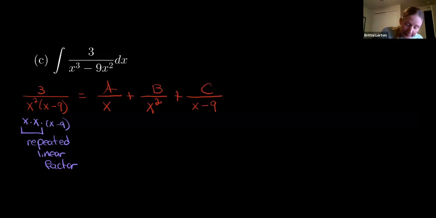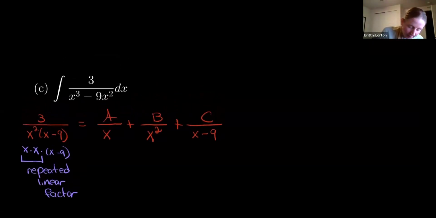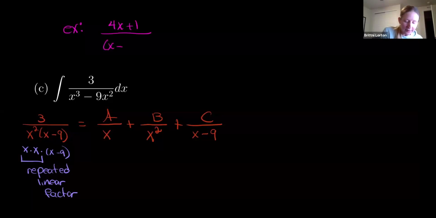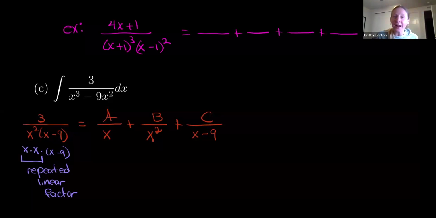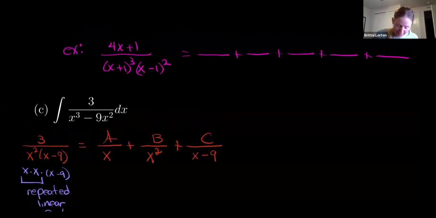Let me give you a quick example up above. So definitely maybe make a little note to yourself. What if I had something like, I don't know, 4x plus 1 over, let's say, (x plus 1) cubed times (x minus 1) squared? Okay, this is completely factored, and there are 1, 2, 3, 4, 5 factors in that denominator.